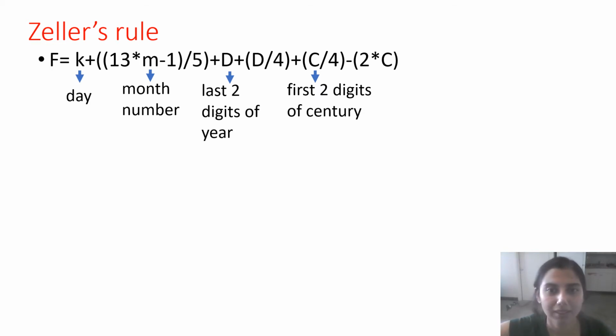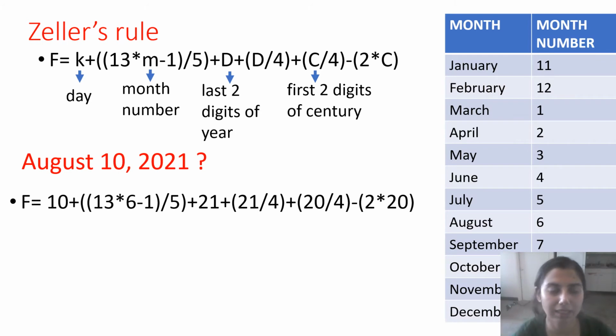So let's get back to the example that we had, August 10, 2021. In this date, what is the day number? The day number here is 10.